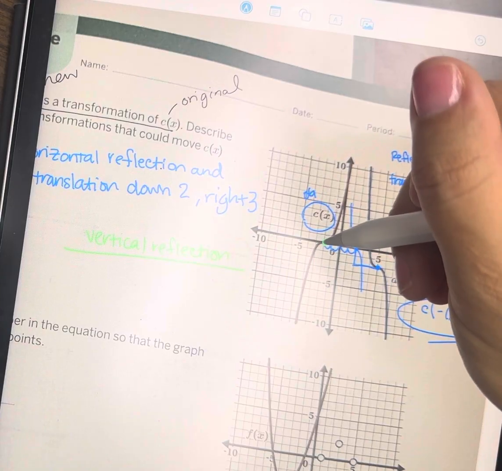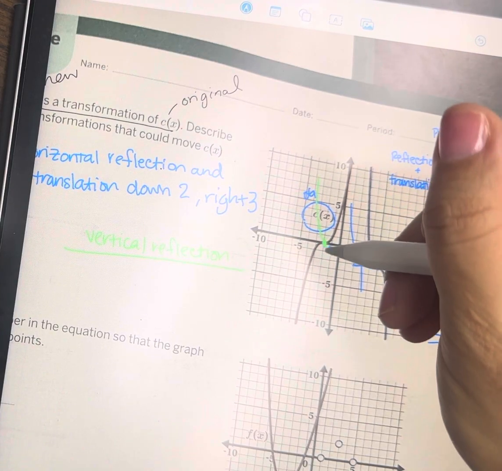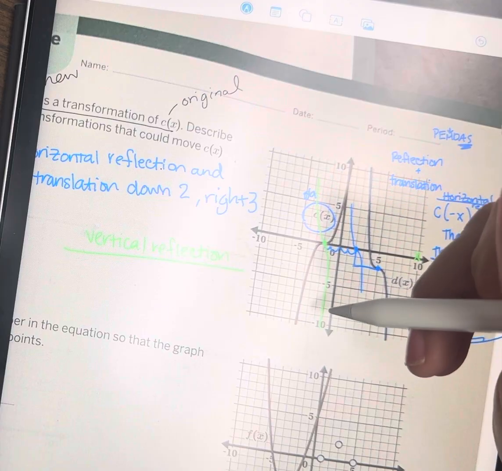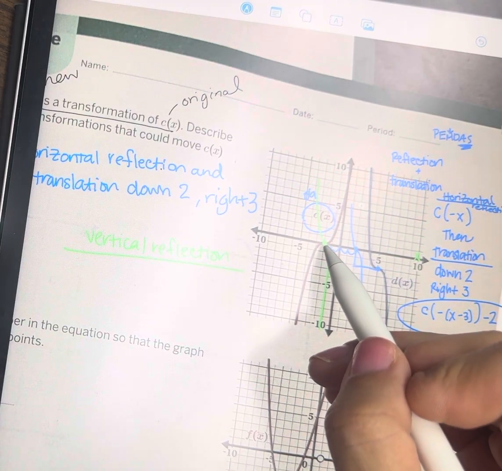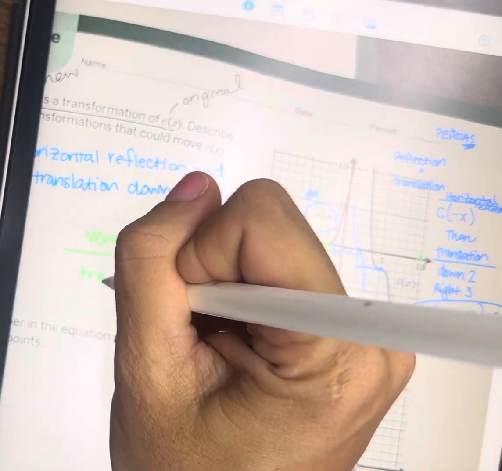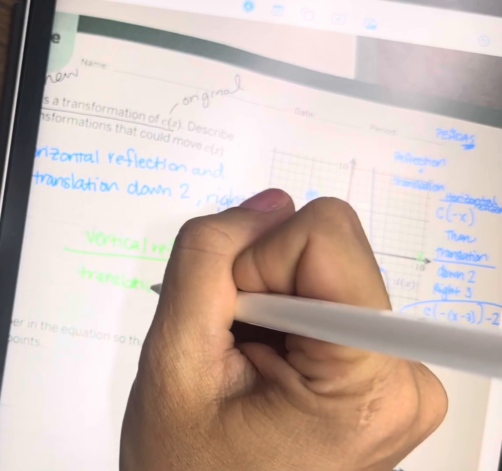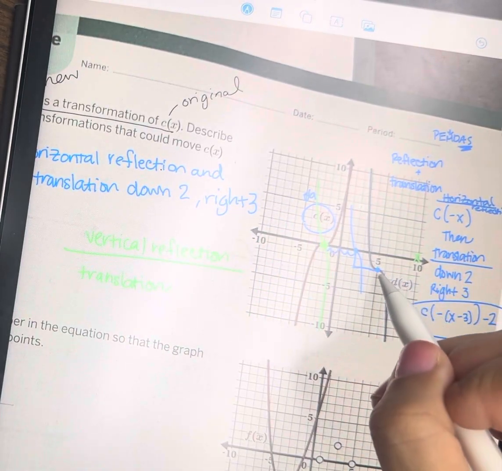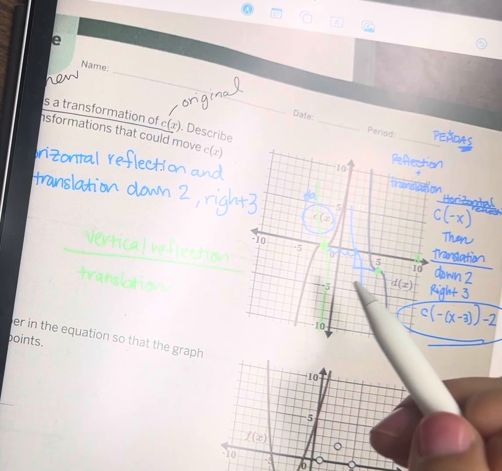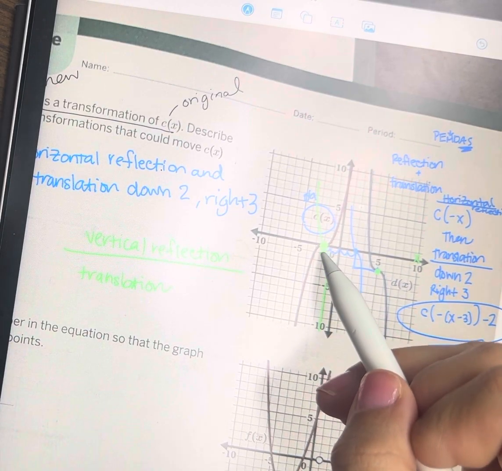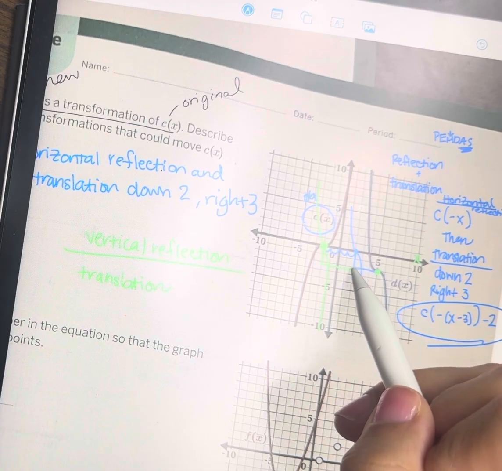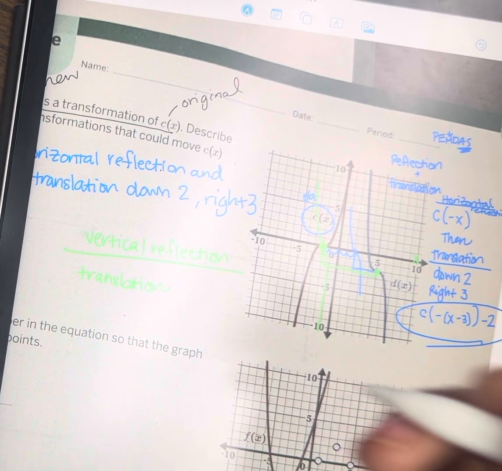So it would flip almost like in place, like that. So if it did a vertical reflection, now the translation that follows is quite different. From here to get to here, it would have needed to go down 2, 1, 2, 3, 4, 5, 6, 7 to the right.